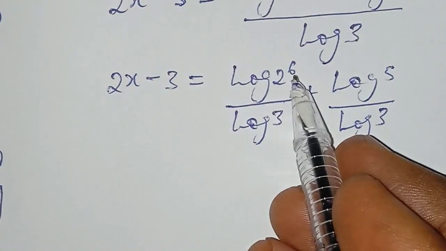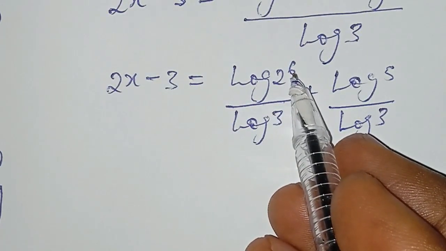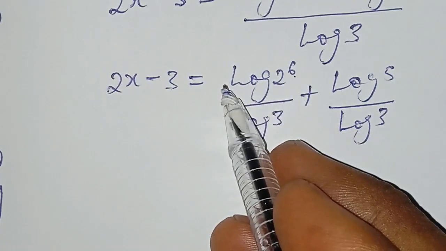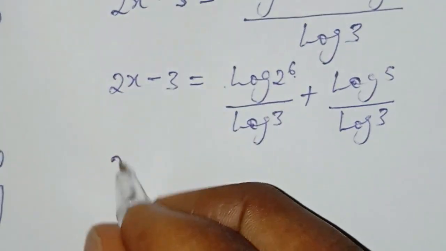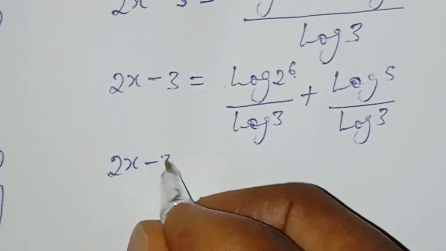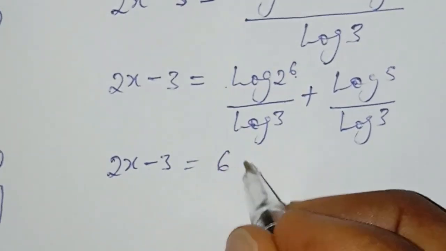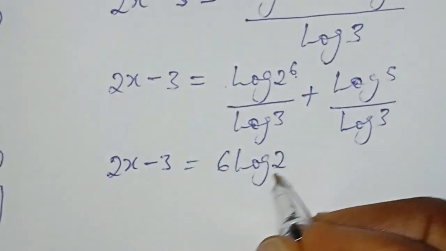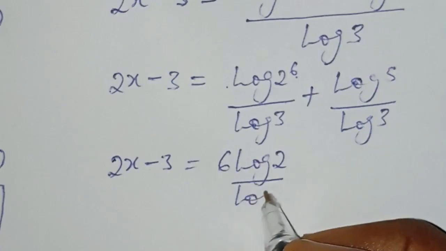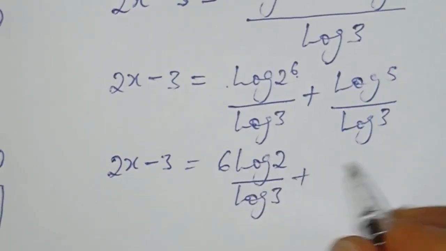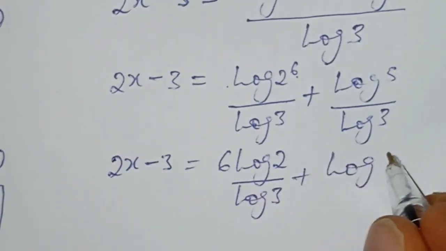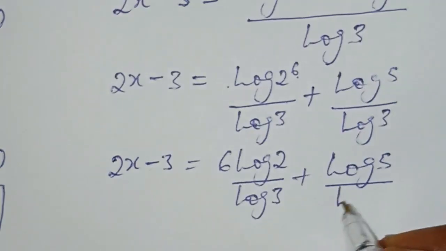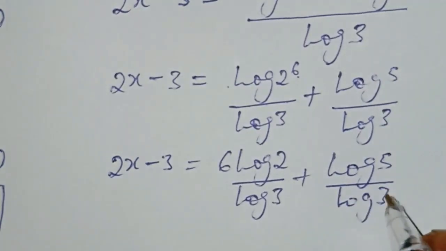From here we can move this power 6 down to the base. Then we have 2x minus 3 is equal to 6 log 2 over log 3 plus log 5 over log 3.